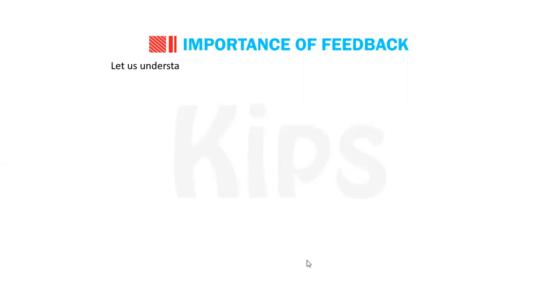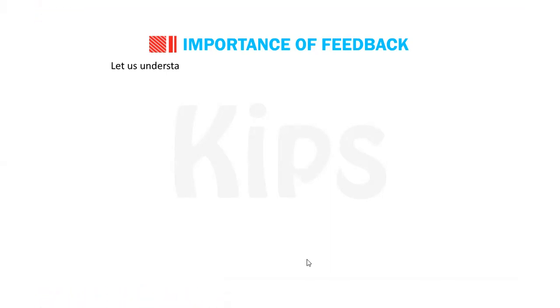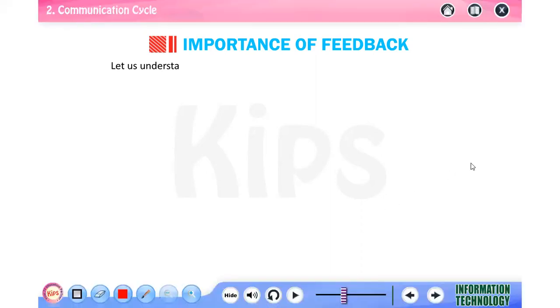The sender will try to improve his way of communicating. If it is in the written form of communication, the sender will try to write the message in a more suitable, more decent manner.